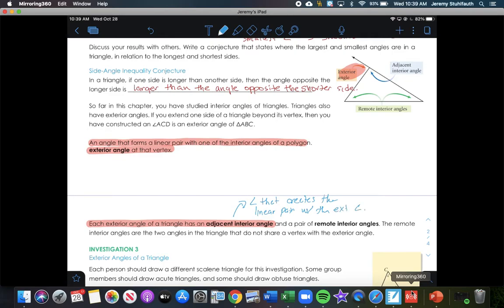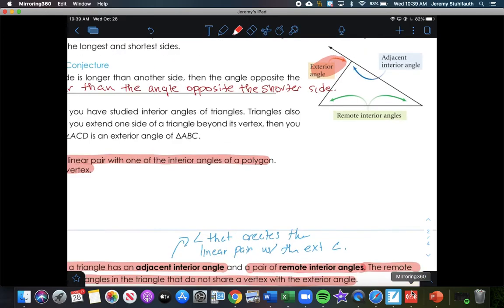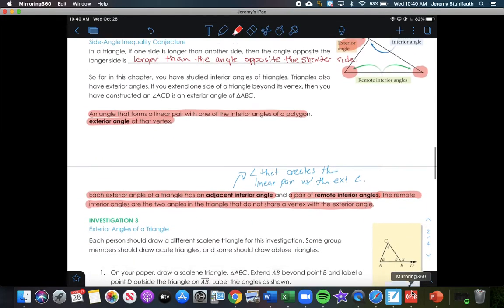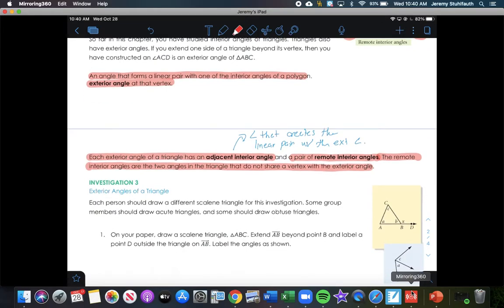All right. Then you also have a pair of remote interior angles. The remote interior angles are the two angles in the triangle that do not share a vertex with the exterior angle. So it is the angles that are not forming a linear pair with your exterior angle.